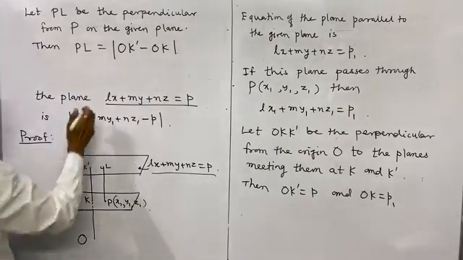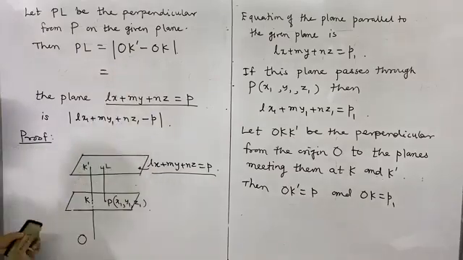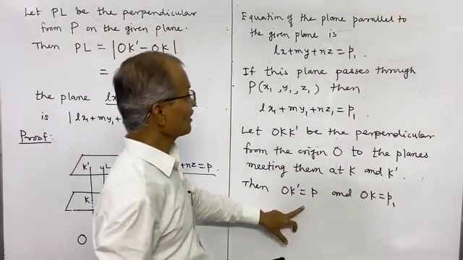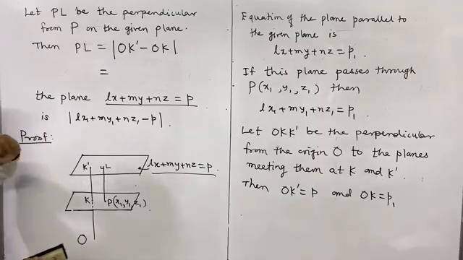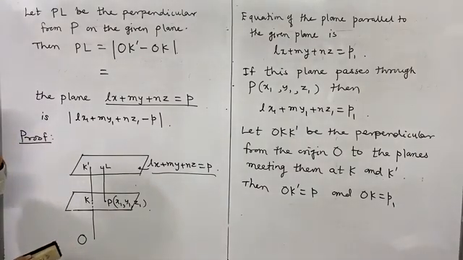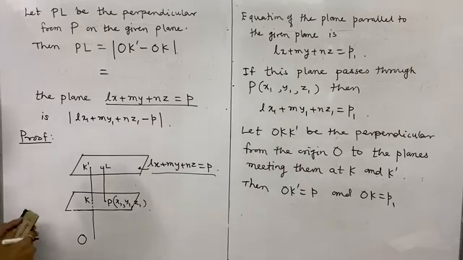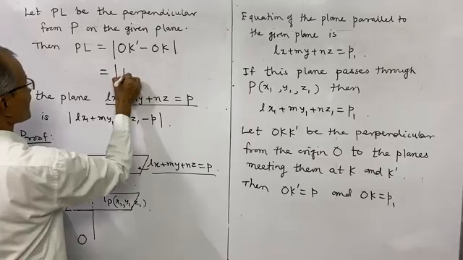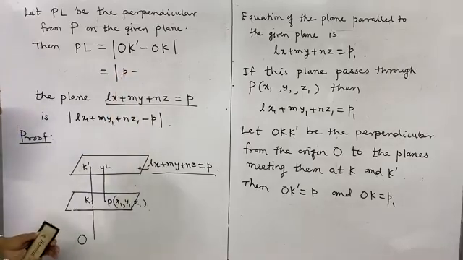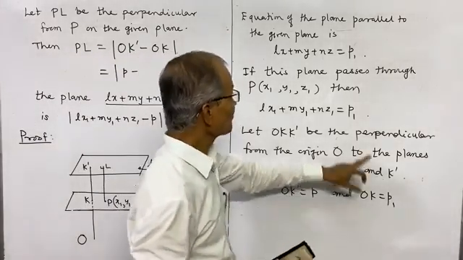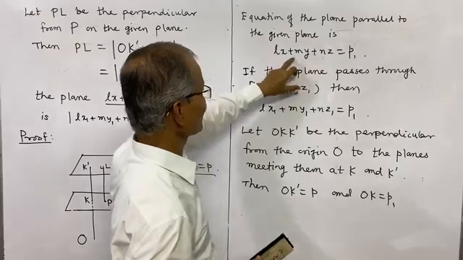And what is OK dash? OK dash is P, and what is P? P is this distance. See, OK dash we have as P, and OK is P1, that is right. So OK dash minus OK, that will be P minus P1, and what is OK? OK is P1. So P1 is having this expression.